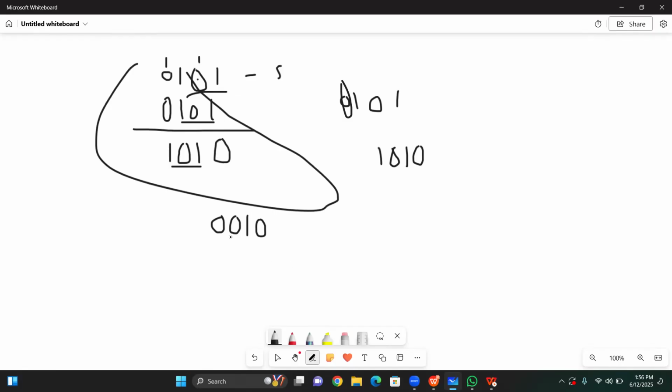What I would do is I'll add a 0 here. Then I would bring this 0 here, this 1 here, and this 0 here. Sorry, this is 0, this is not 1. And then I will leave this one out. Do you understand? I have shifted the bit to the left.